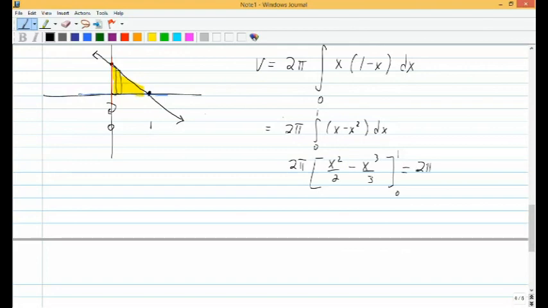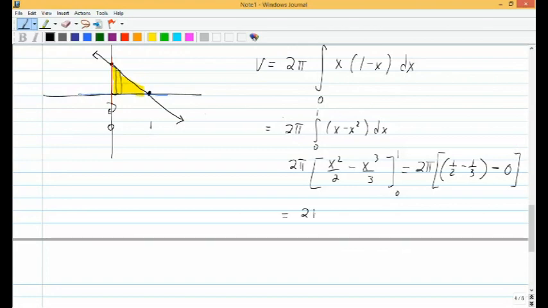So that's 2 pi times, when you plug in a 1, you'll have 1/2 minus 1/3, minus, when you plug in a 0, you get 0 minus 0. So that's just 0.